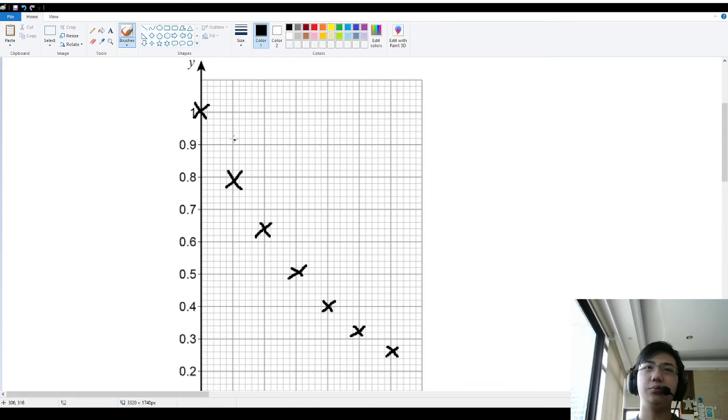After you've found all the points, you can draw a line of best fit through these points, which will look like a curve that is gradually flattening out. So a curve of best fit will look something like this. Obviously in the exam you'll be using paper and pencil, so it's a bit different.